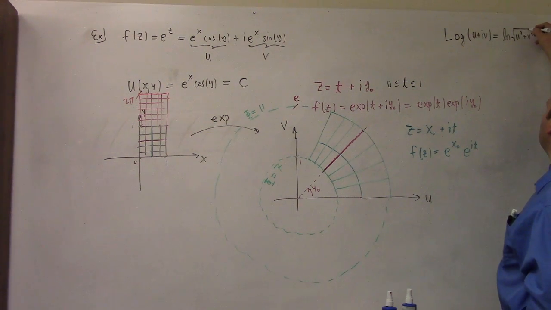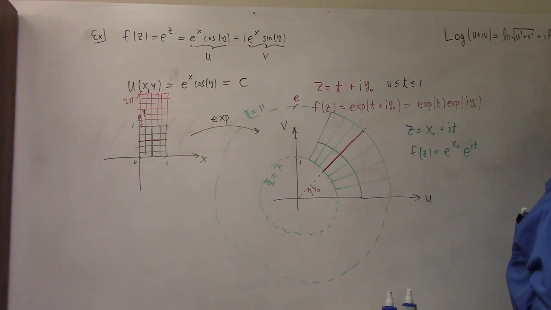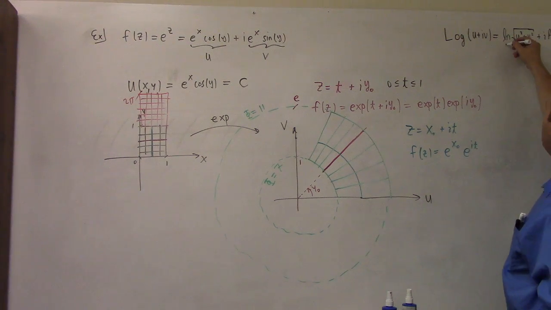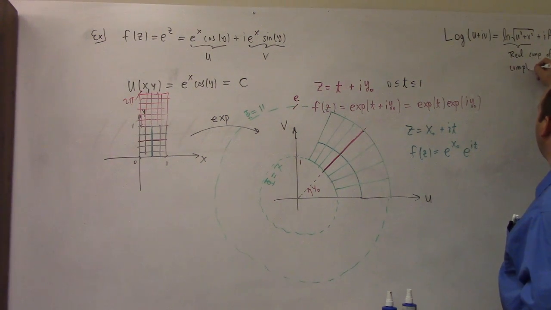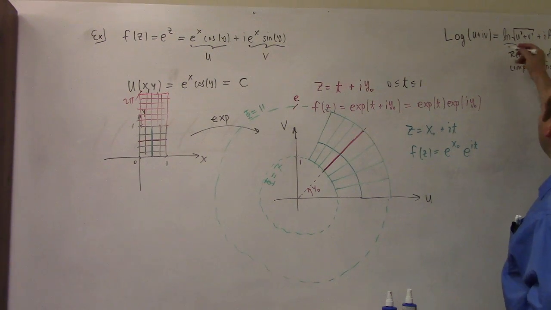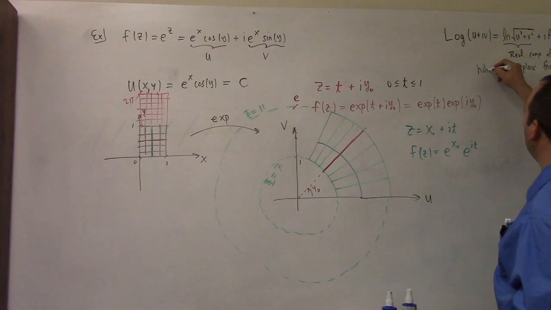Of course, that's the modulus. And then plus i times the arg of u plus iv. So the point here is that this is the real component of a complex function. More to the point, holomorphic.